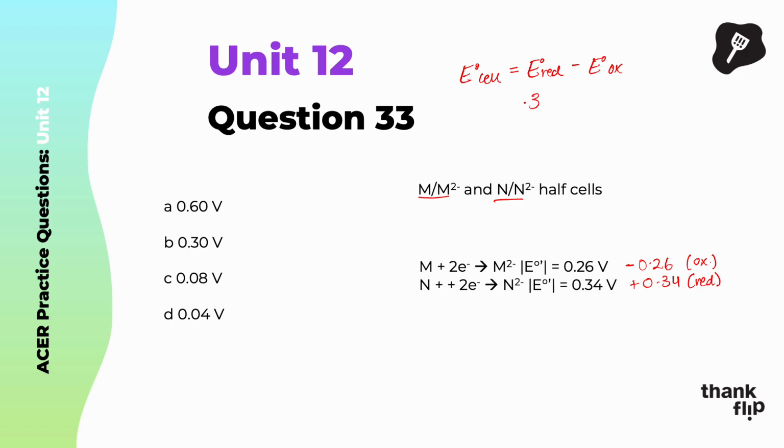So we have 0.34 minus negative 0.26. If you're using the reduction potential, it remains a minus. If you yourself flip the sign because you know that the reduction potential should be flipped for oxidation, then you can add them. Or you can just subtract them like this. Let's go with the subtracting. So we have 0.34 plus 0.26, and the answer there is A. Awesome.